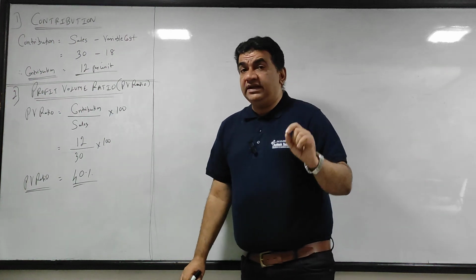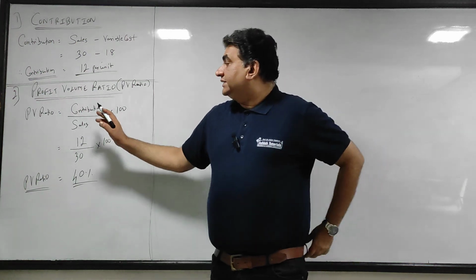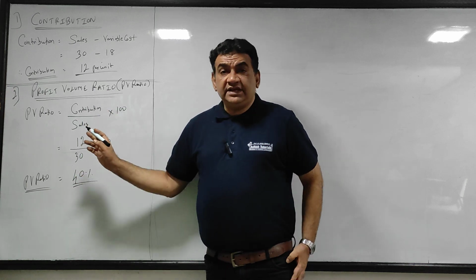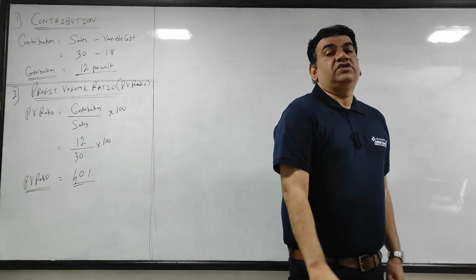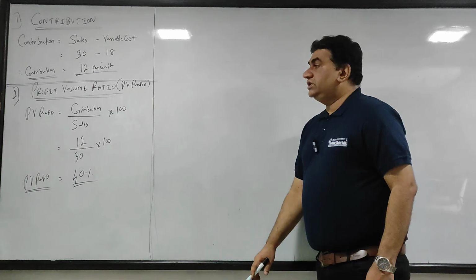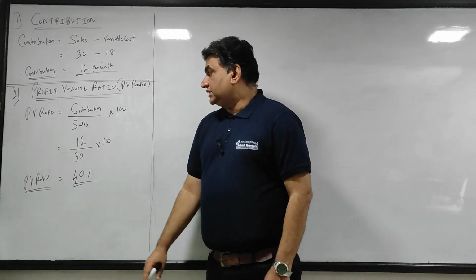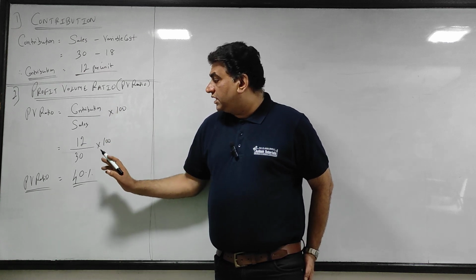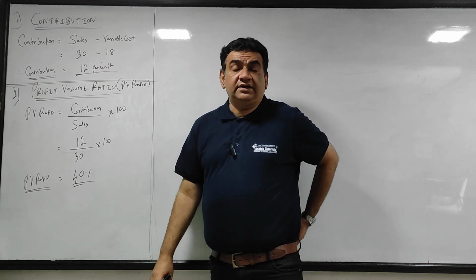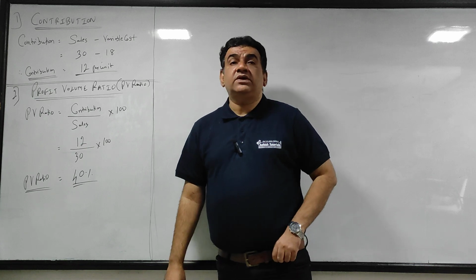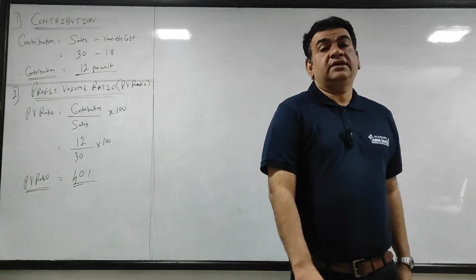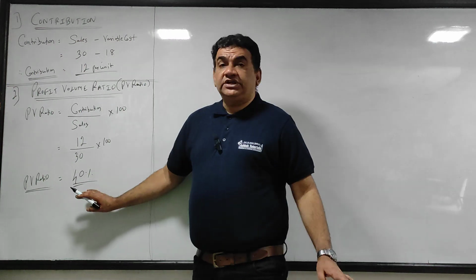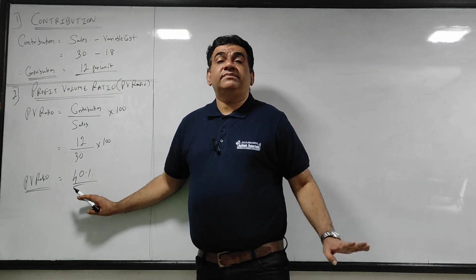PV ratio is nothing but it shows the relationship of contribution to sales. PV ratio is the ratio which shows proportion of contribution to sales. So PV ratio is equal to contribution upon sales into 100. Profit volume ratio in this case will be 40%.